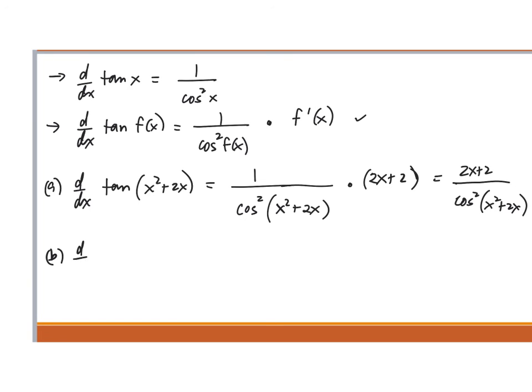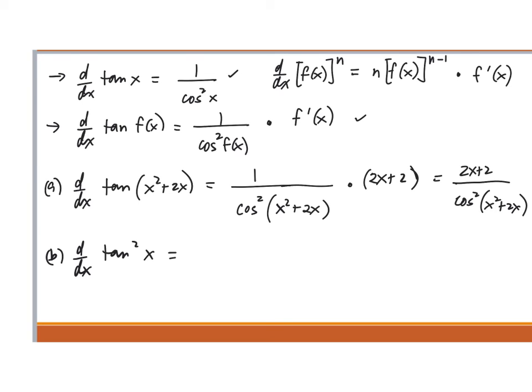And suppose we have d dx of tan squared x. Like the previous ones, we are going to use a combination of this and the chain rule shortcut form, the chain rule for powers. So f of x to the power of n equals n f of x to the n minus 1 times f prime of x.